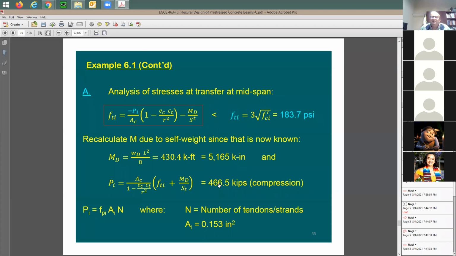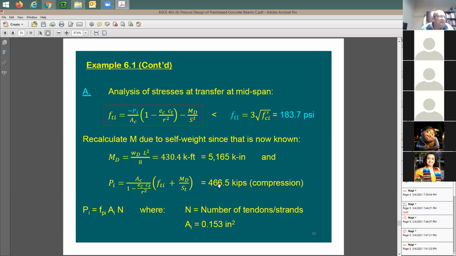Why not 470? I'm happy with your answer, but you need to justify. Why don't you go with the other side, with the other bound? Because that would exceed the limit of stress allowed. It's going to be increasing the stress. It's going to give you higher stress than the allowed. So it's going to be like the upper bound.